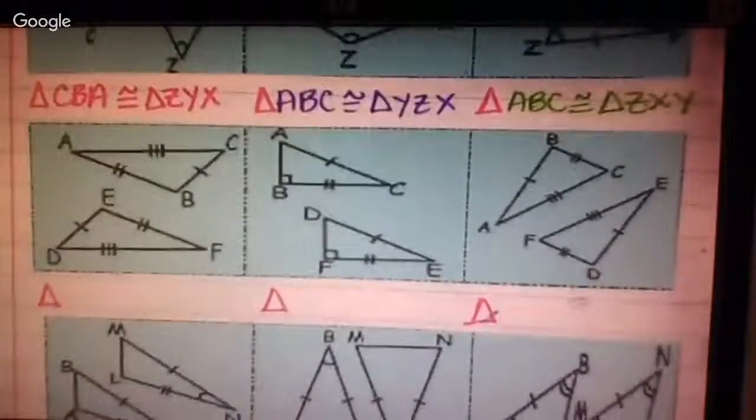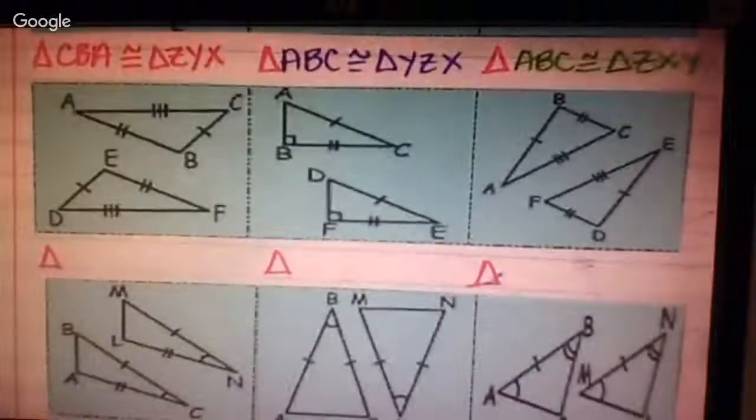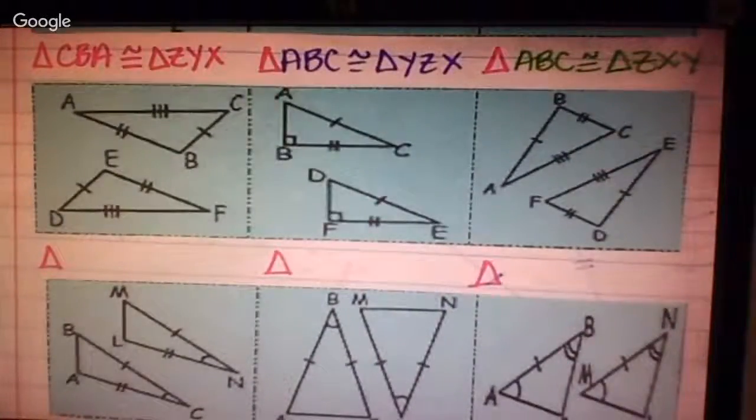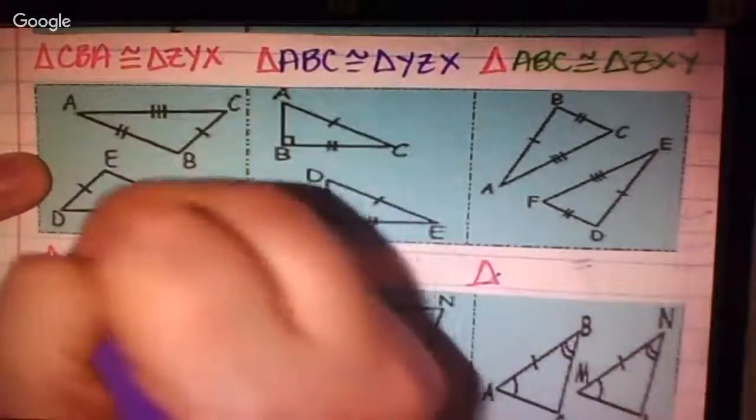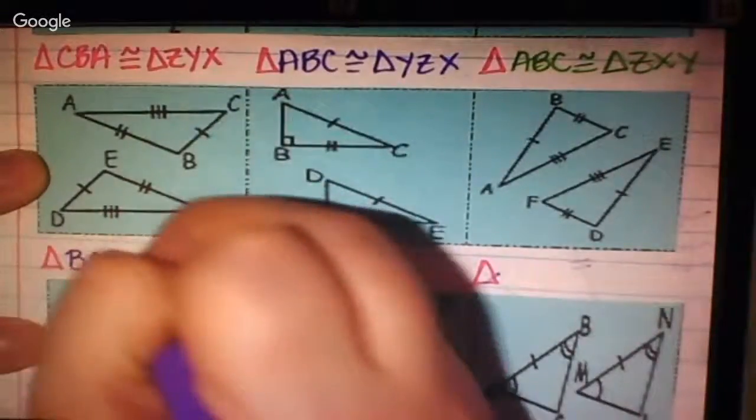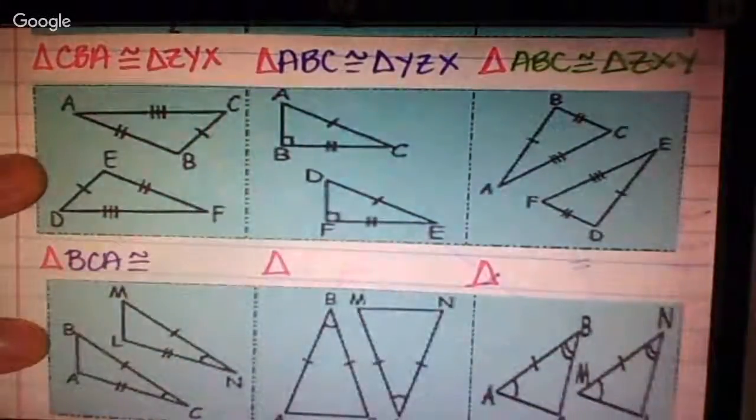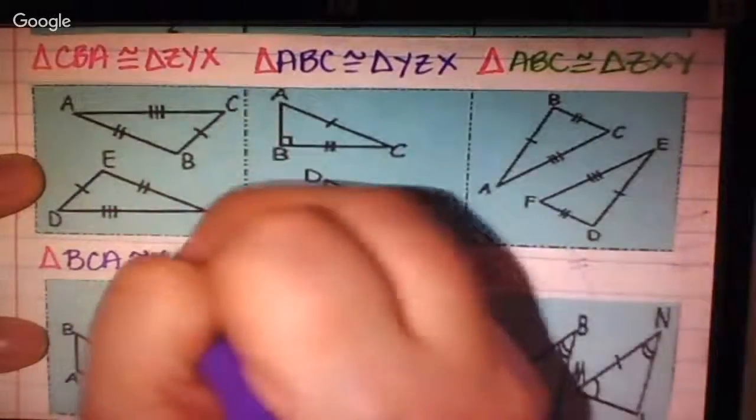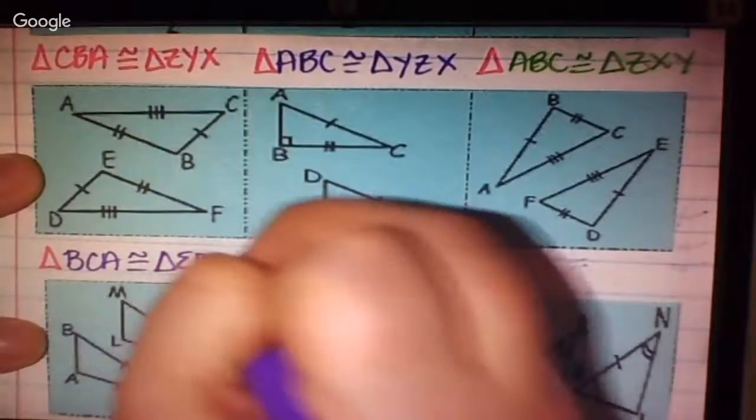Okay, these ones match the ones that we've already done, so I don't want to do ABC. CAD. What you got? BCA. BCA. EDF. EDF. Perfect.